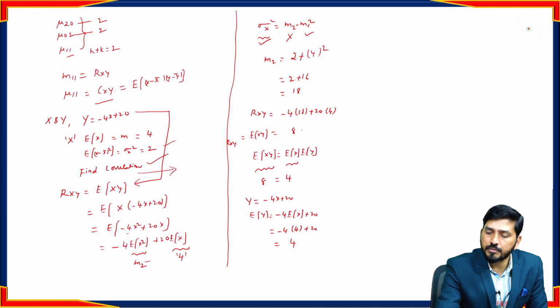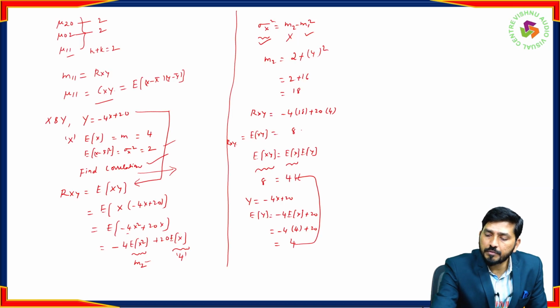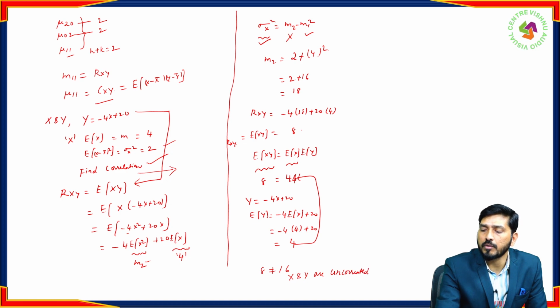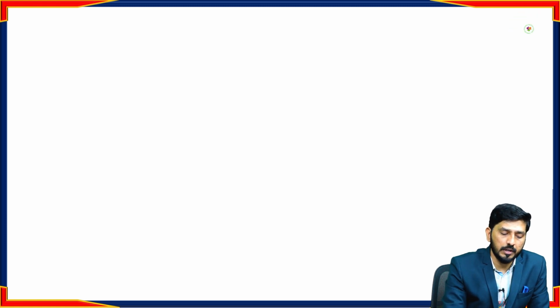Now substituting, 4 times 4 is 16, that means 8 is not equal to 16. So that means x and y are not independent.